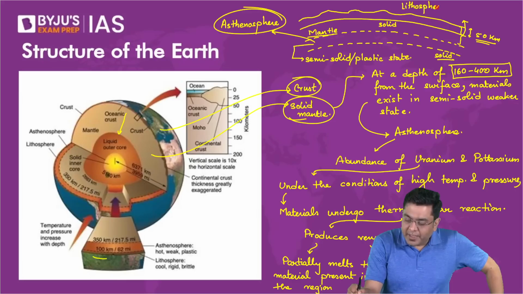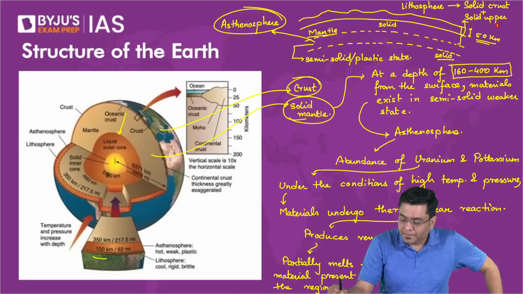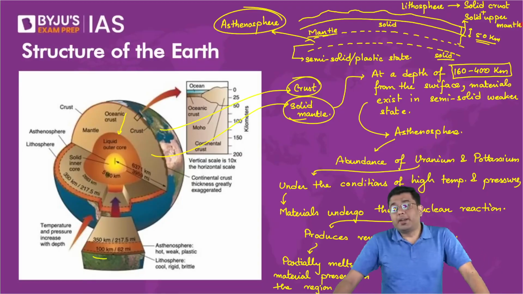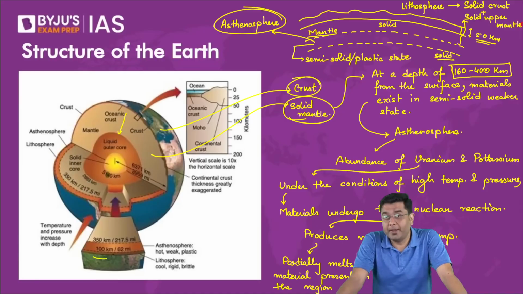I'm writing everything down so that it is easier for you when you revise, but please do revise. It is the solid crust plus the solid upper mantle. That solid crust plus the solid portion of the upper mantle is what is referred to as lithosphere.